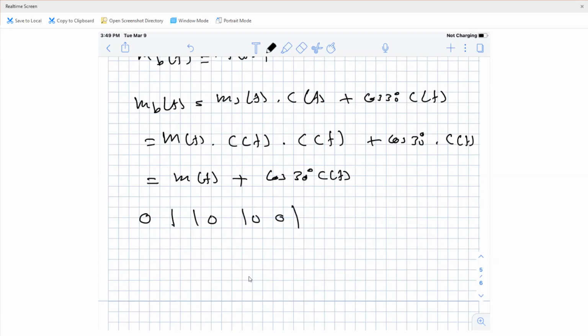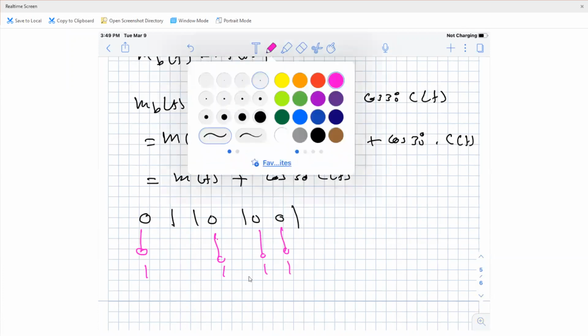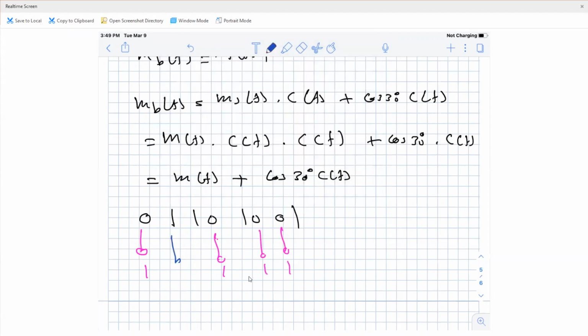Within the solution, we said that we are going to transmit the signal using binary phase shift keying, so we are going to perform the mapping operation. Mapping operation means every 0 is converted to 1, and every 1 is converted into minus 1.